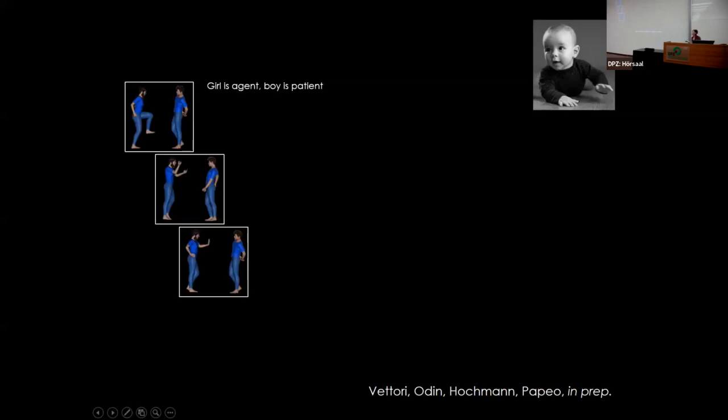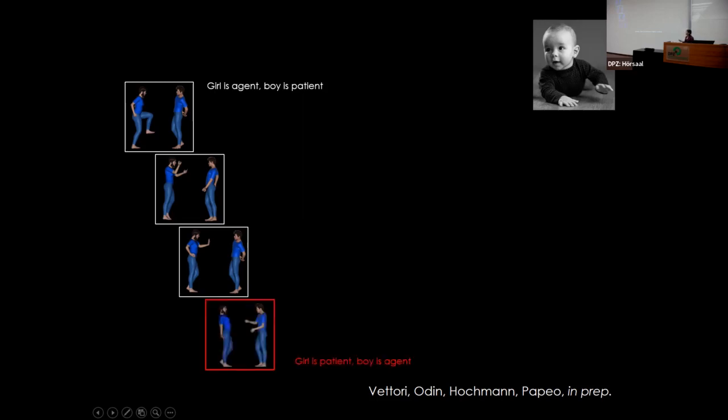Finally, we wanted to see whether infants at 6 months are also sensitive to this feature of the stimuli. So we designed an oddball task in which infants were habituated to certain configurations. Here in this example, the girl is the agent and the boy is the patient, always as defined by the body posture. Girl is the agent, boy is the patient, girl is the agent.